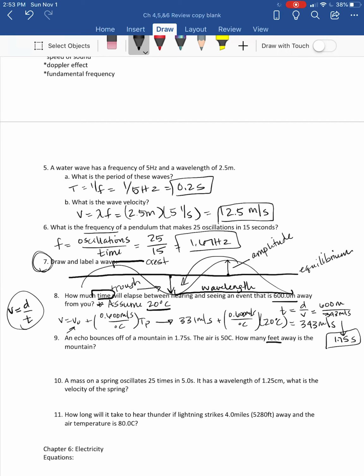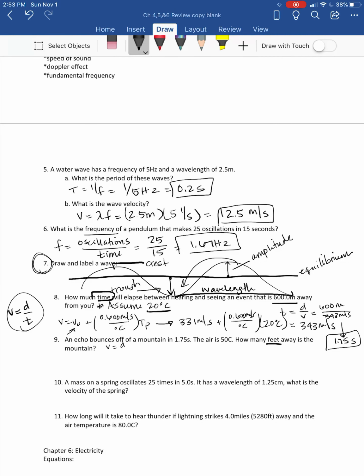Again, we're going to be using this equation, but instead of finding time, we're going to find distance. So distance is velocity times time. Same exact equation, only instead of the 0.6 number, it's 2 feet per second per degree Celsius times the present temperature.